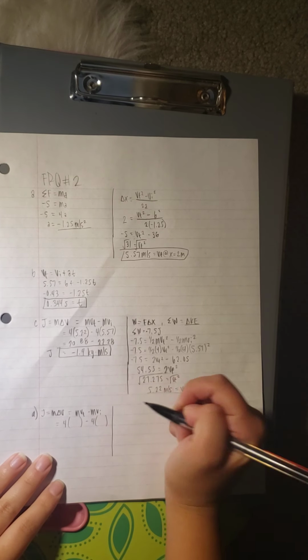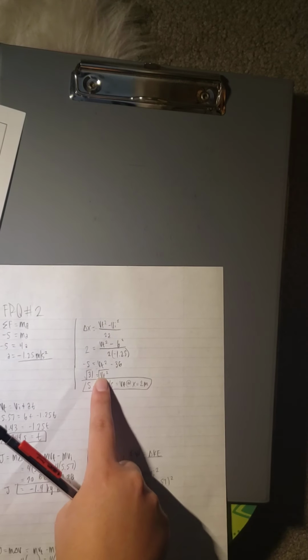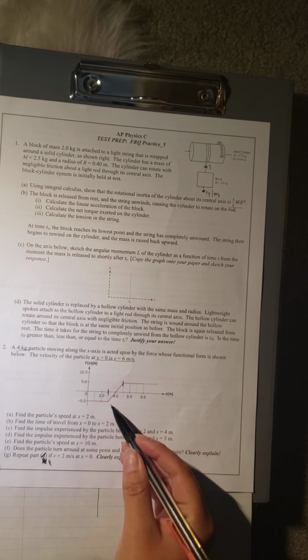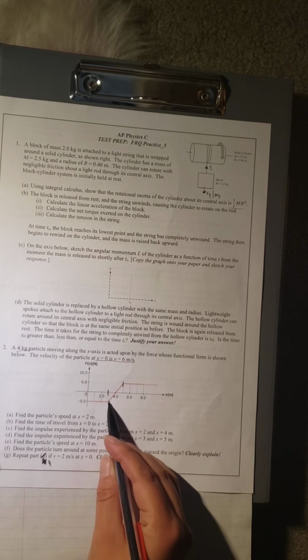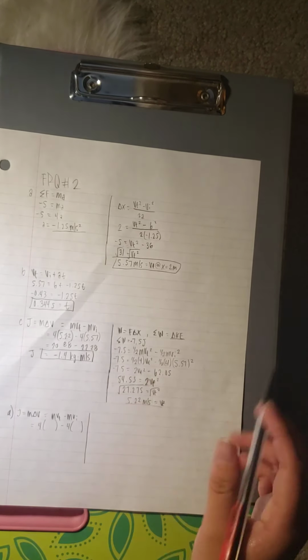So for 3, we can use this because, as you can see, there's a constant force. So we can still use our whole method of finding acceleration and using kinematic form.